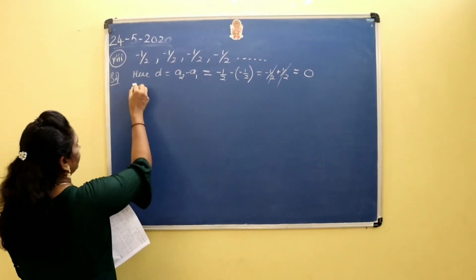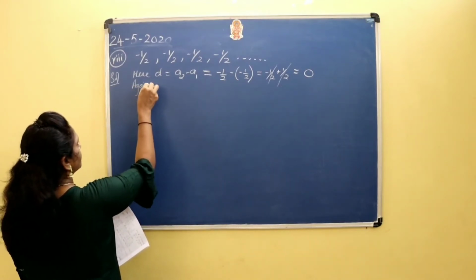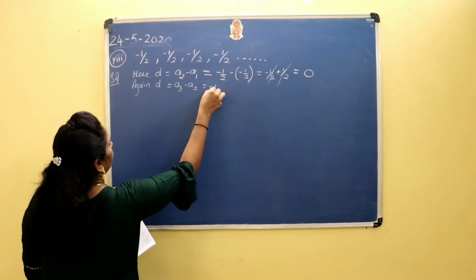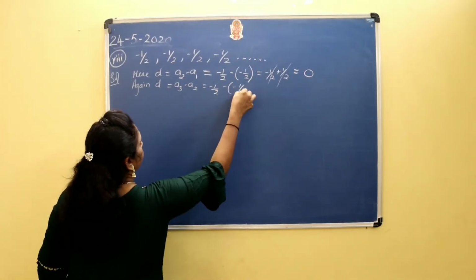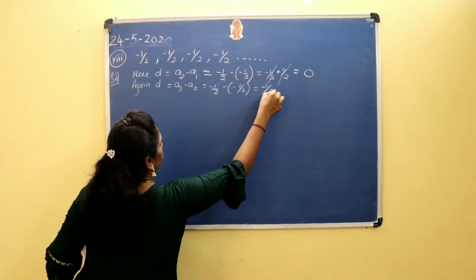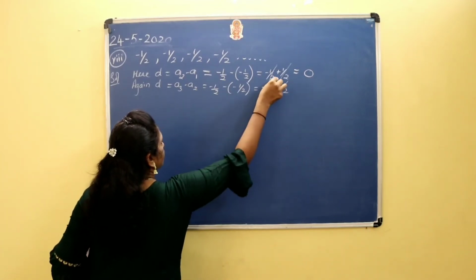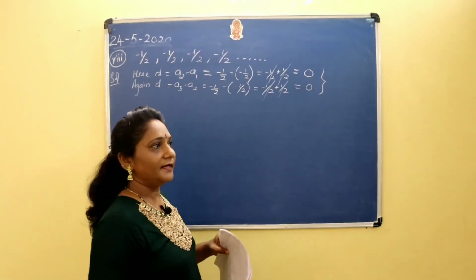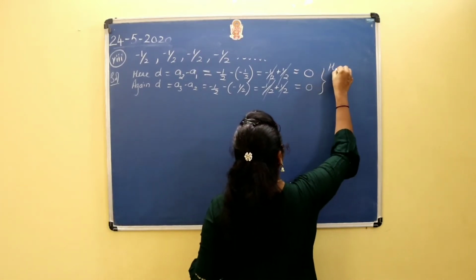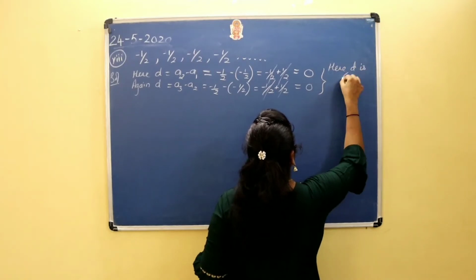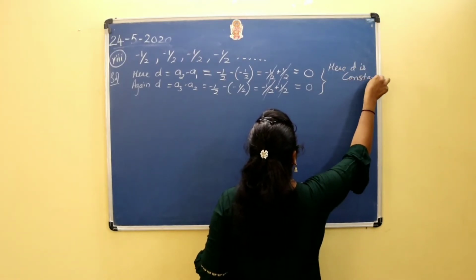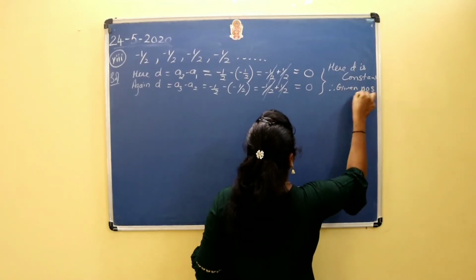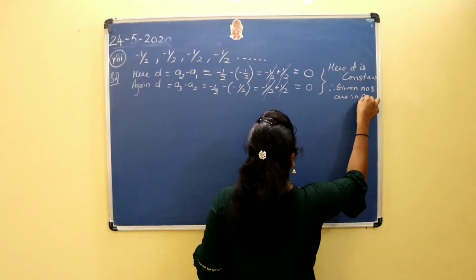It is 0. Again D equal to A3 minus A2, minus 1 by 2 minus of minus 1 by 2. You get minus 1 by 2 plus 1 by 2. Both get cancelled. So it's 0. Here D is constant. Therefore, the given numbers are in AP.